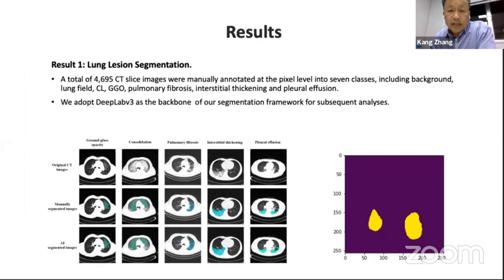As the first results, we were able to segment different features of lesions. This includes consolidation, ground glass appearance, fibrosis, interstitial thickening, and pleural effusion, some of the important features of a lesion. And this is important not only for initial diagnosis.